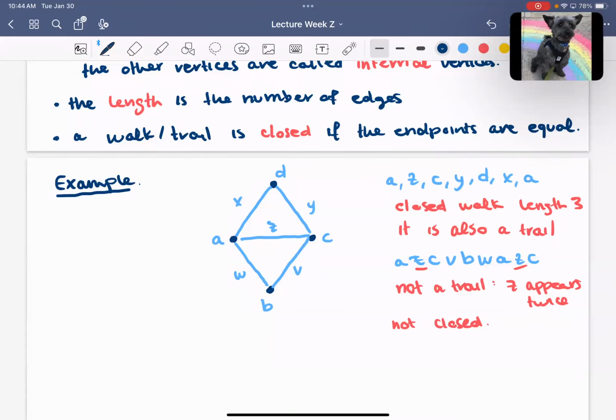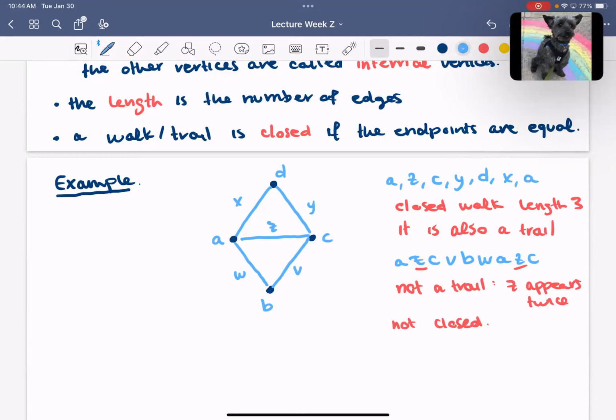Okay, so in a simple graph, let's recall a simple graph has no loops or parallel edges. So in a simple graph, we don't really need to list the edges because between any two vertices there's either 0 or 1 edge. So it's not ambiguous which edge to pick.